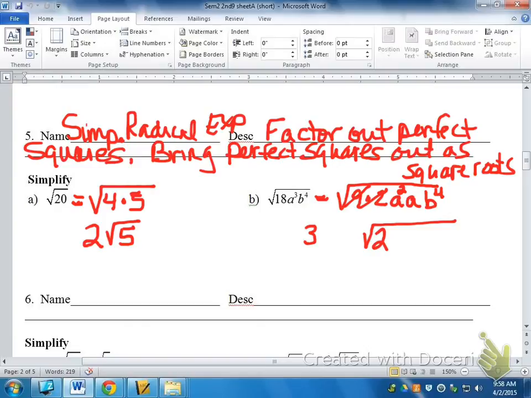When you bring a perfect square variable out, its square root is just half of the exponent. So if I bring a squared out, I'm just bringing out a. That other a, it's left there. B to the fourth. That's a perfect square. What do you think I'd bring that out as? Mackenzie? B squared. So we've taken care of all of them.